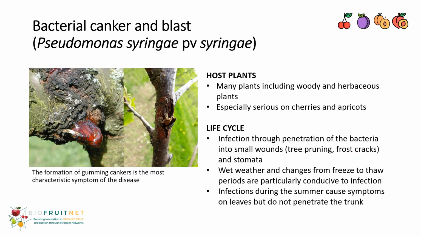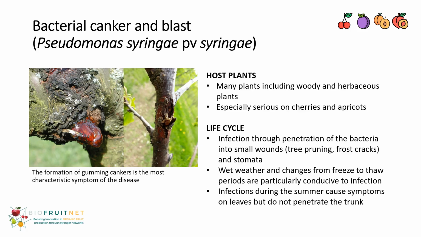Bacterial canker and blast caused by the bacteria Pseudomonas syringae affect many plants, including all main stone fruit species, cherries, plums, apricots, and peaches. It is especially serious on cherries and apricots.